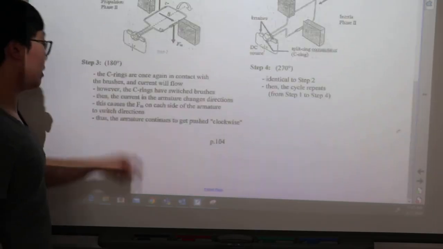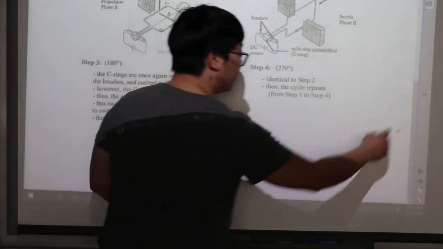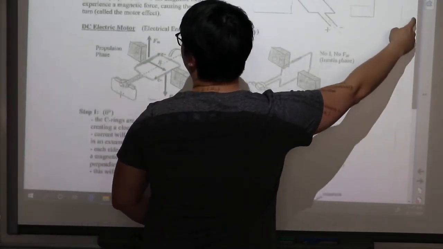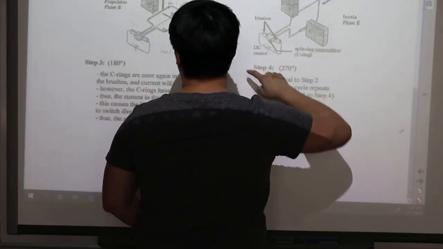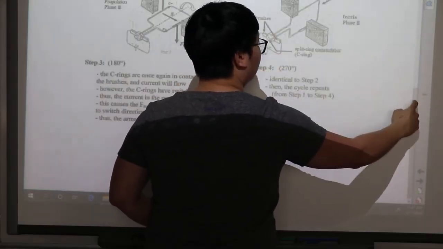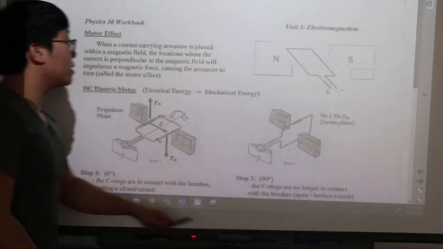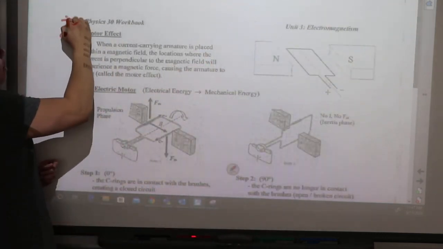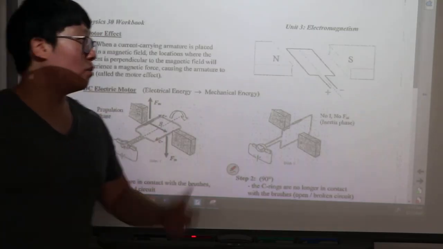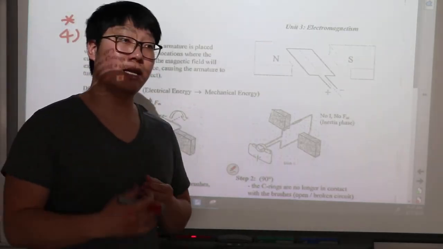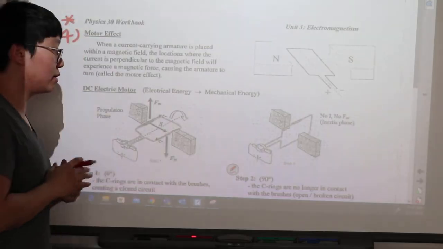When it comes to the next technology, the motor, call it the motor effect, you need to think about a few sections. And to be fair, this plays a much bigger role in the Science 30 diploma than the Physics 30 diploma.